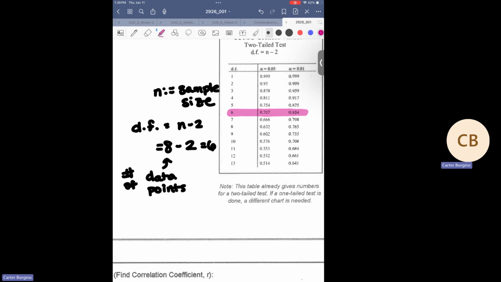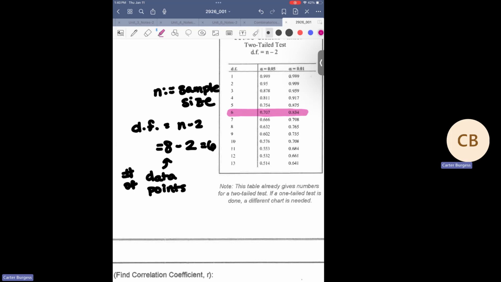Okay. The other thing that we have to worry about is the alpha. If we're okay with 5% randomness, a result that could show up randomly about 5% of the time, then we'll have our alpha value be at 5%. If we want the randomness to be less likely, then we would set our alpha value lower. That's the alpha value of 0.01. Notice that for pretty much every single row here, the alpha value of 0.01, that 1% chance, is a stronger correlation.